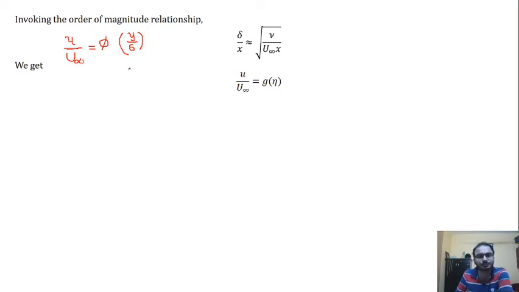So here, if we see phi, this equation is based on our previous slide, y upon square root of nu into x upon u infinity into x.